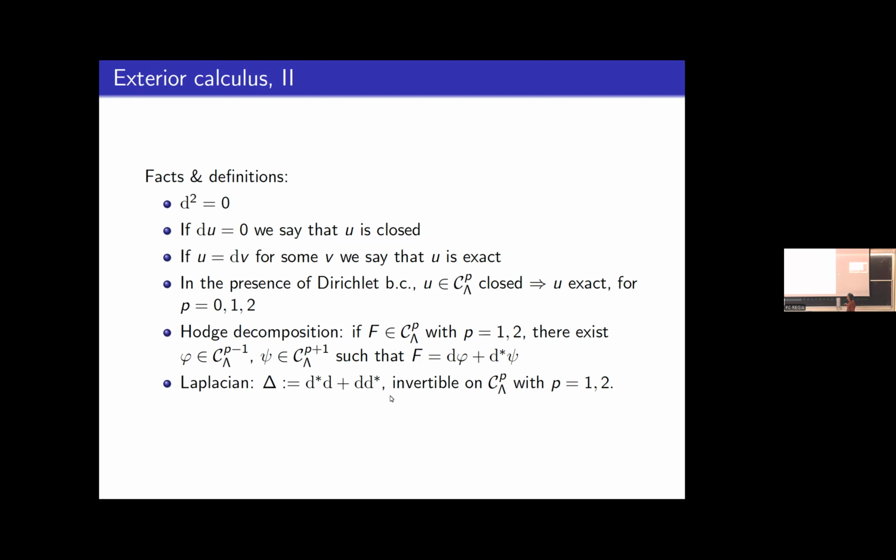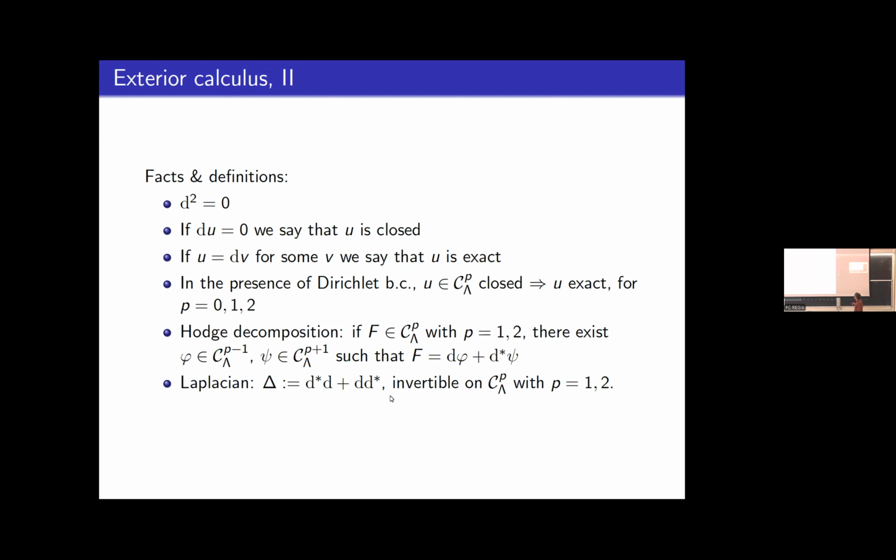This is where the use of Dirichlet boundary conditions turns out to be particularly useful. So in the presence of Dirichlet boundary conditions, and not in the presence of periodic boundary conditions, U closed implies U exact for P equals 0, 1, 2. So this is the reason why I use Dirichlet boundary conditions.